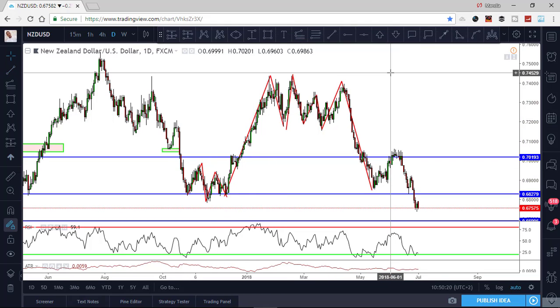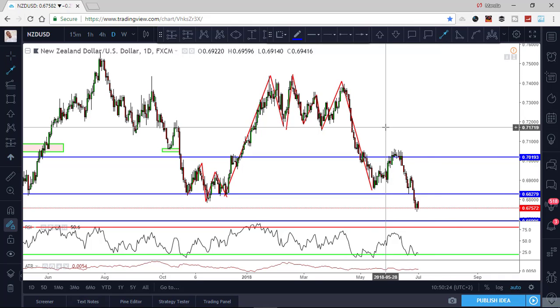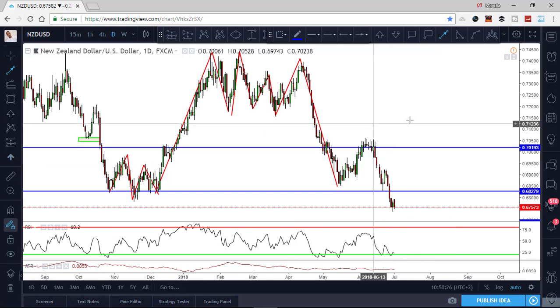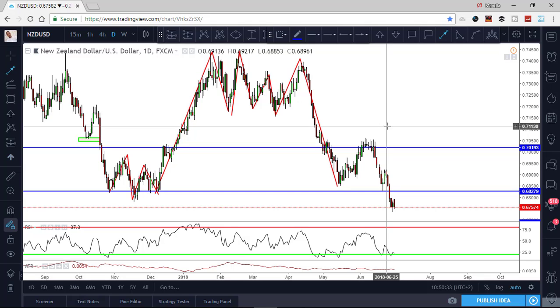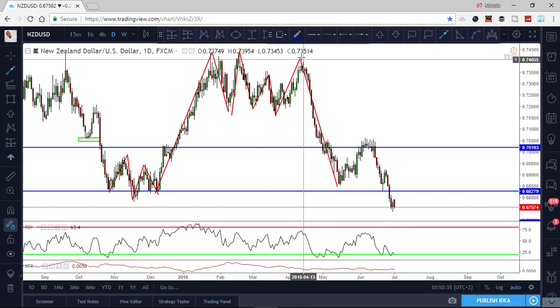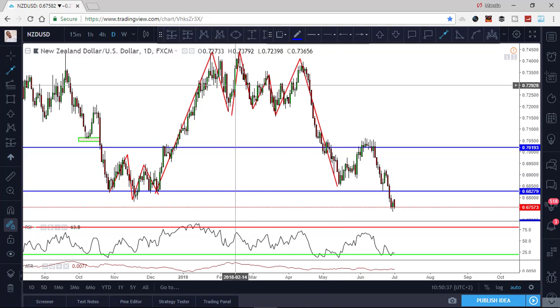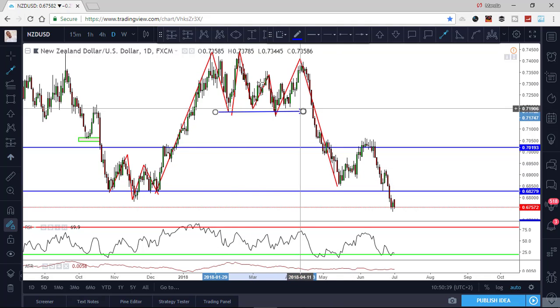Then in order for me to identify a trend, I need to see a 3 drives pattern. By 3 drives pattern, I need to see an extension, a pullback, and another extension, okay. So in this case, we had a breakout of this consolidation level right here, okay.